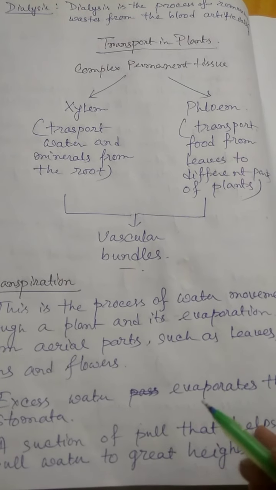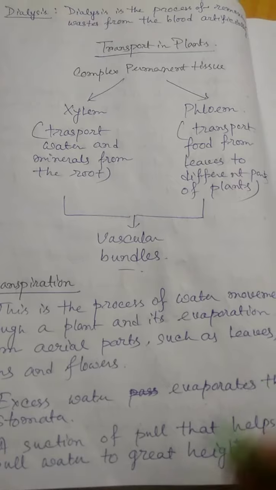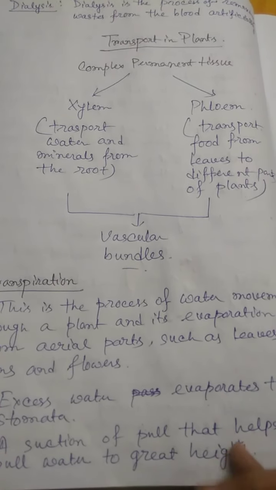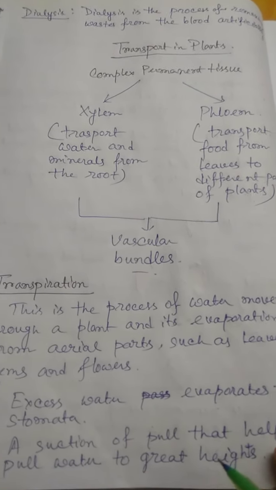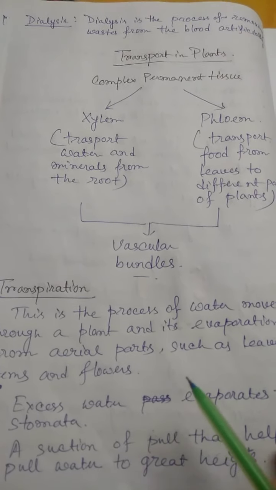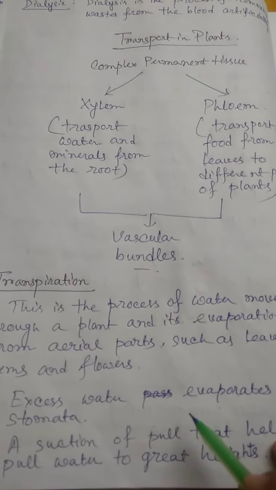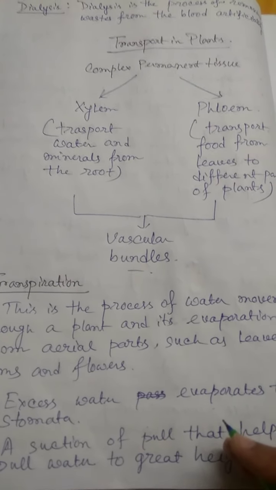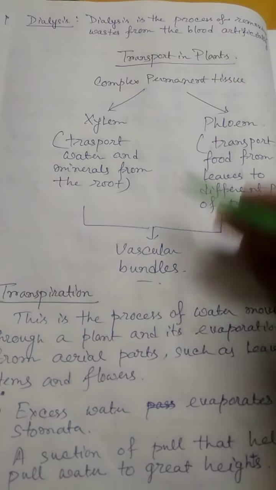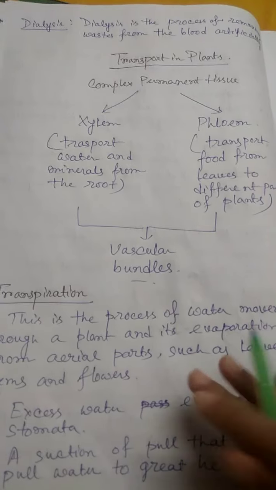So this transpiration causes a pull of water through the root. This is very important, and it is the important job of transpiration. And transpiration also cools down the plants. So this was about the transport in plants.